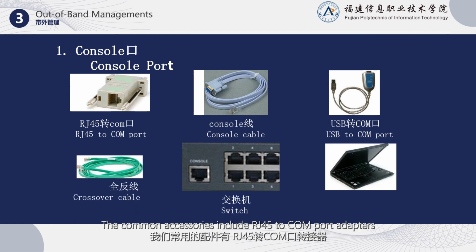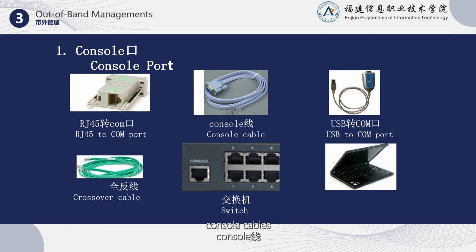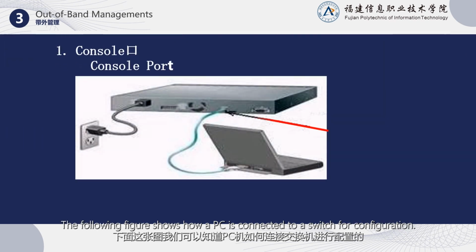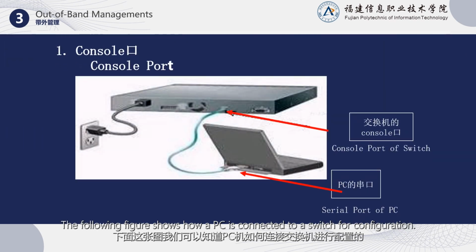The common accessories include RJ45 to COM port adapters, console cables, USB to COM port adapters, rollover cables, switches, and PCs. The following figure shows how a PC is connected to a switch for configuration.